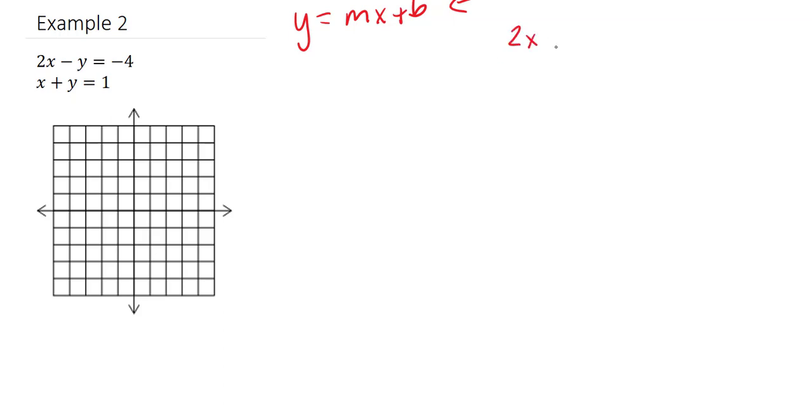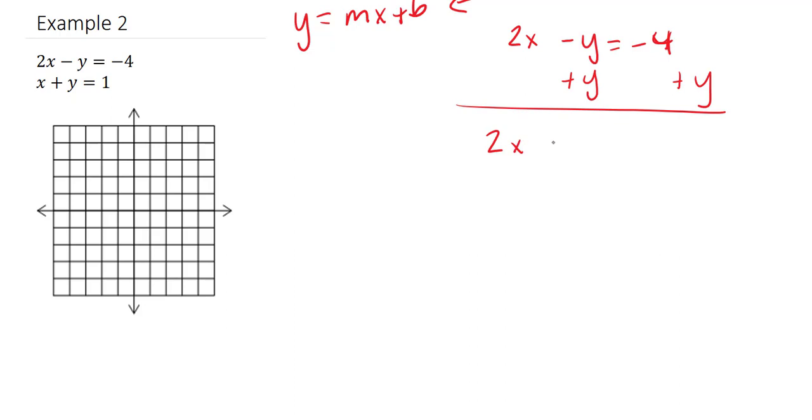So we have 2x minus y equals negative 4. Well, I would just go ahead and put plus y on both sides because we want y to be positive. So now we have 2x equals negative 4 plus y. Then next all we do is add 4 on both sides.